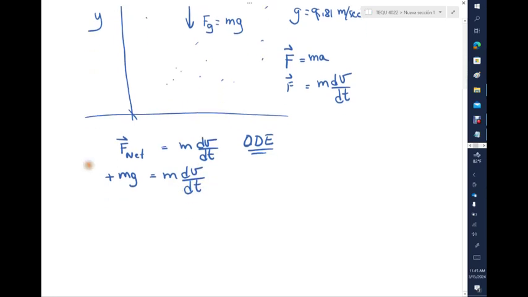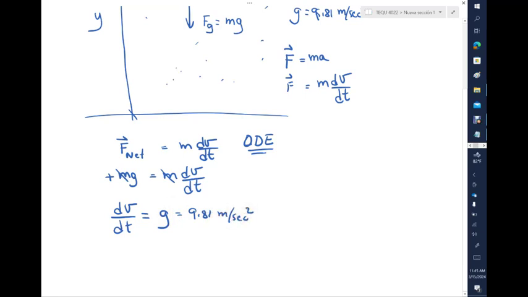The m cancels out, and you end up with this differential equation that says the rate of change in velocity is equal to the acceleration of the earth, 9.81 meters per second squared.